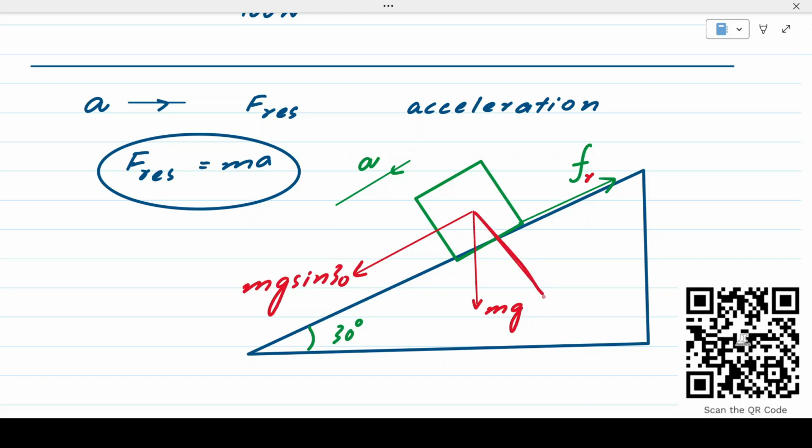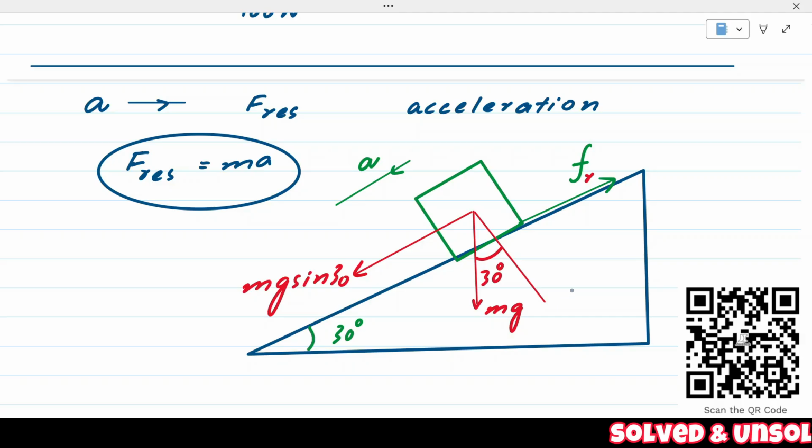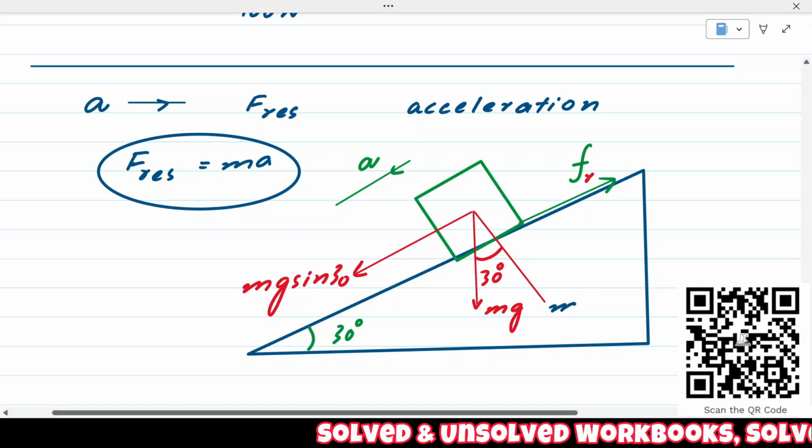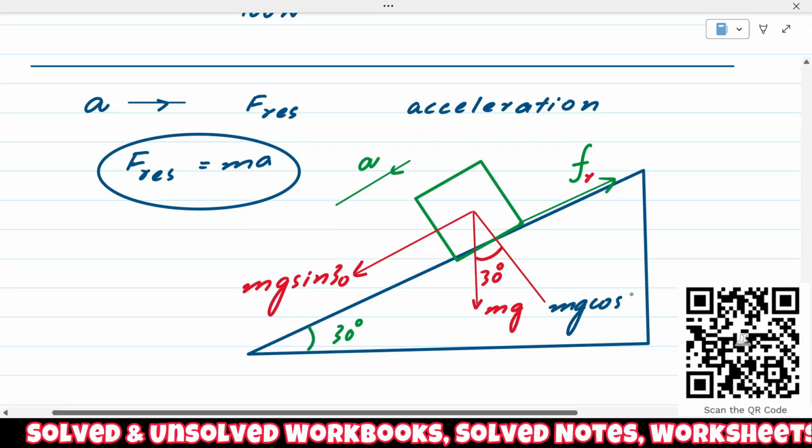Because this angle and this angle are equal, we can prove them equal, but we don't have time for that. You simply need to memorize that the component of weight down the slope is mg sine of the angle, and perpendicular to the slope is mg cos.